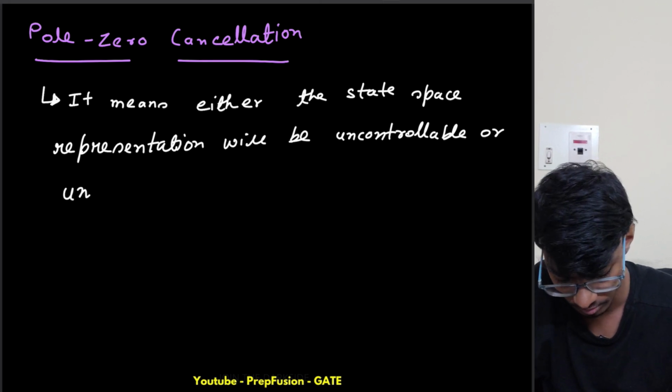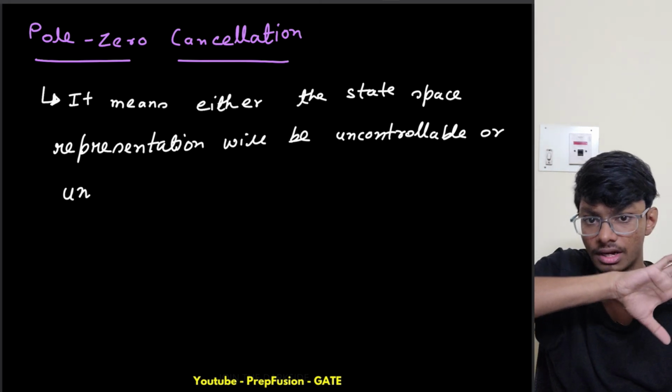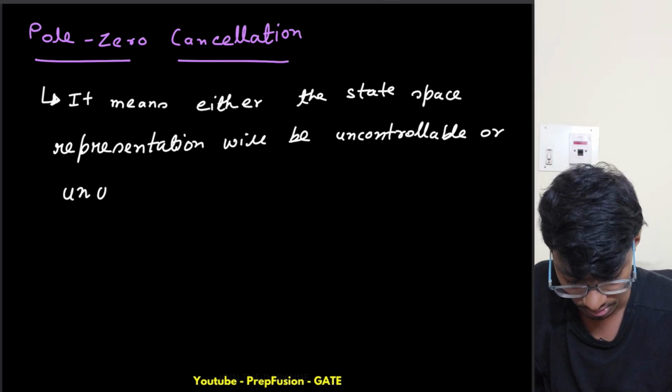This unobservable part we'll see in the next lecture, and from here also you can see that the y can't see the state variable, right? Unobservable.